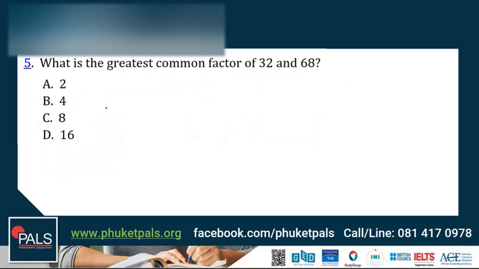Number 5. What is the greatest common factor of 32 and 68? To find the greatest common factor, we identify the factors of each of the given numbers. For 32, the factors are 1, 2, 4, 8, 16, 32.